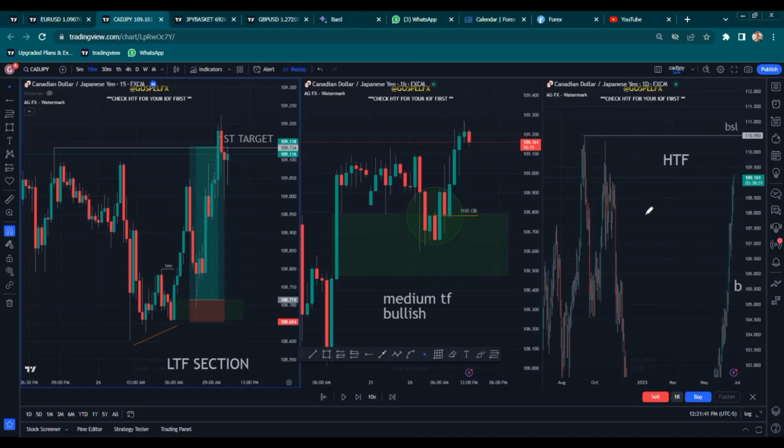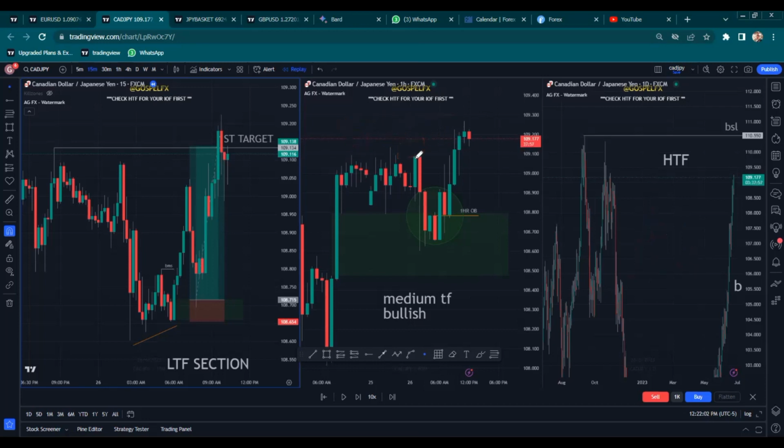If you're a scalper entering trades on the 1 minute chart, you need confirmations from the 15 minutes and the 1 hour chart. Which means at this point you can have your 1 hour here, and then the 4 hour. On the medium time frame, you can have your 5 minutes and then your 15 minute time frame.